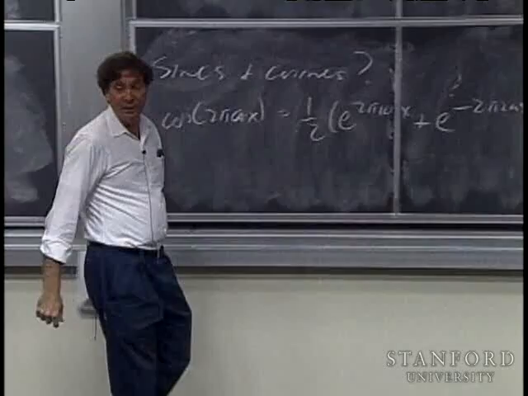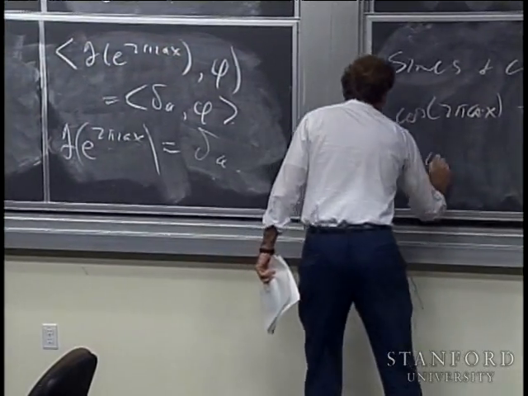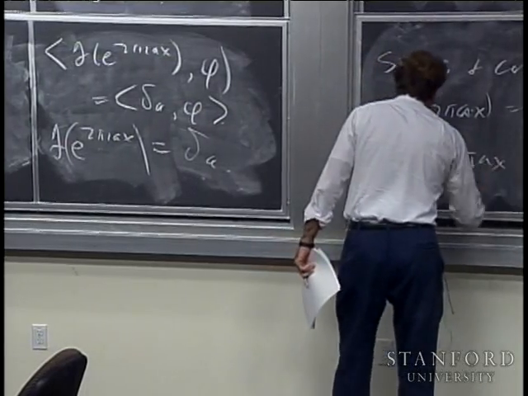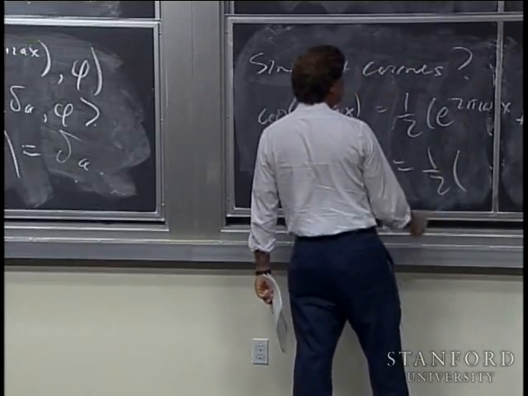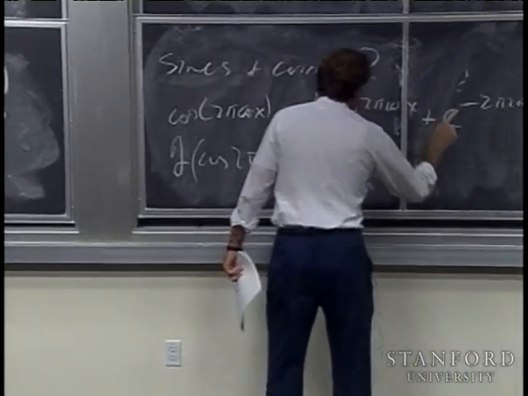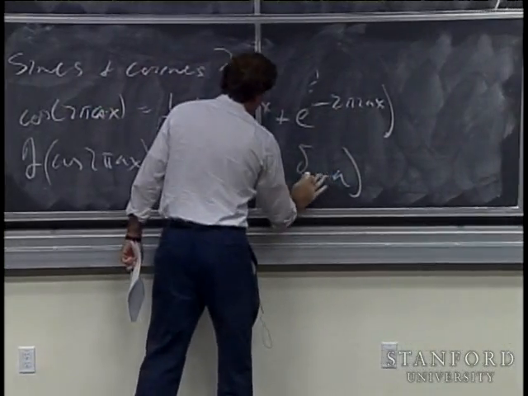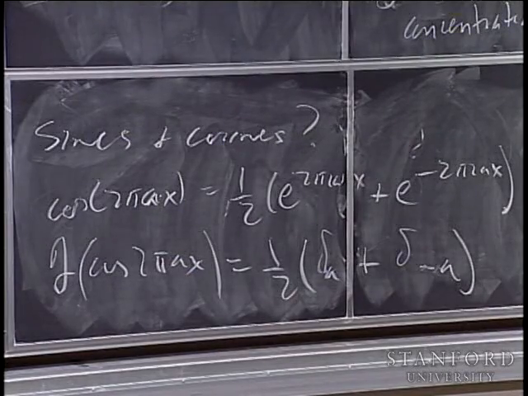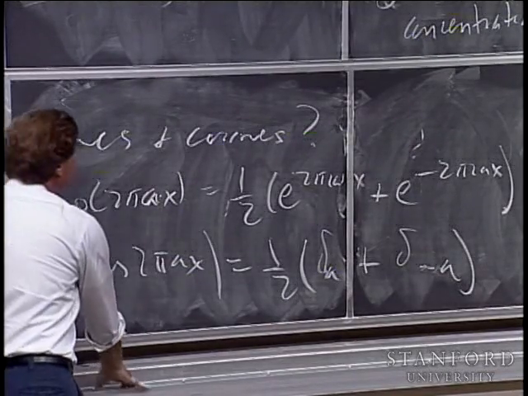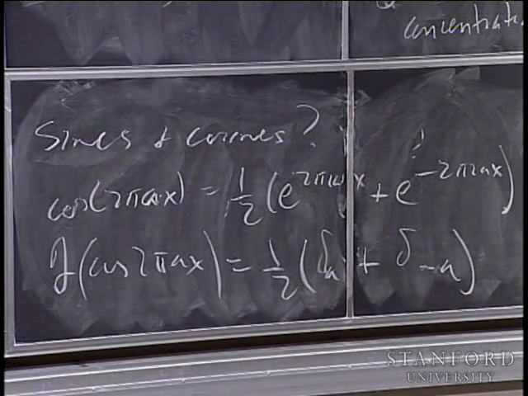And I take the Fourier transform of each piece. So the Fourier transform of cosine of 2 pi ax is 1/2 the Fourier transform of this, which is delta sub a, plus the Fourier transform of this, which is delta sub minus a. I replace a by minus a in this expression. So simple.